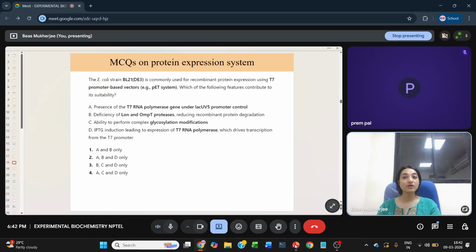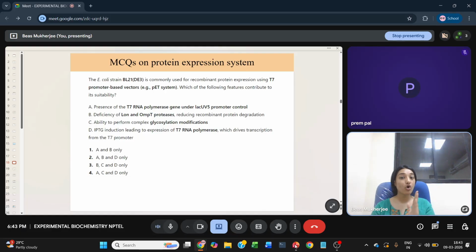Okay, so the E. coli strain BL21DE3 is most commonly used for recombinant protein expression using T7 promoter based vectors, for example the PET system. Which of the following features contribute to its suitability? A is presence of T7 RNA polymerase gene under LAC-UV5 promoter control.